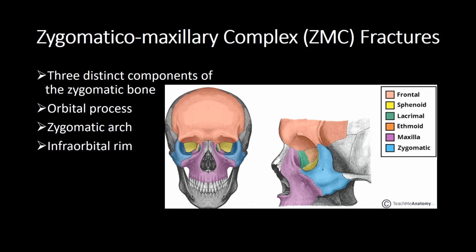Usually you get diastasis of the frontozygomatic suture. You get a fracture of the infraorbital rim medially, usually in the area of the zygomaxillary suture. And then you get a separate fracture of the zygomatic arch, either posteriorly or in the region of the zygomatico-temporal suture.